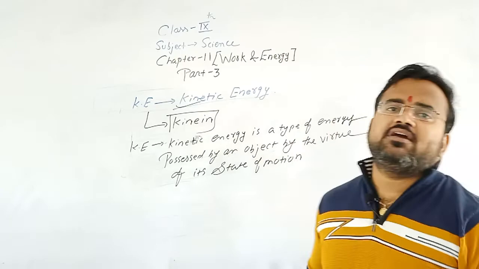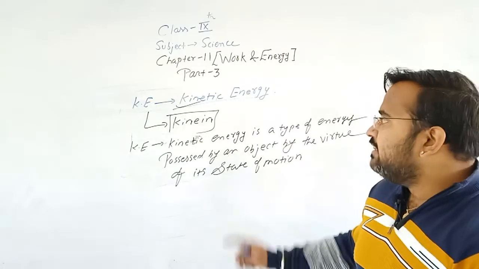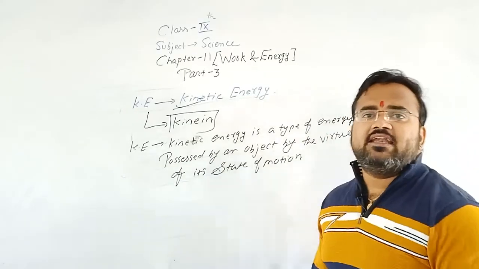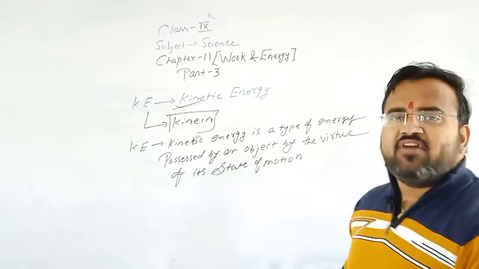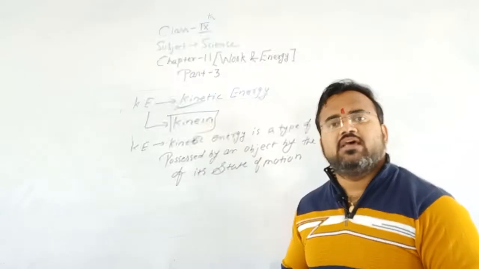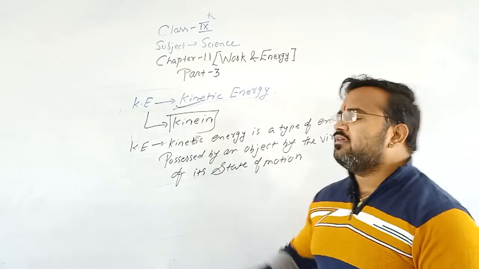Whenever any object is in a state of motion, then we say it has kinetic energy. Whenever any object is in motion, we can say the object possesses kinetic energy.